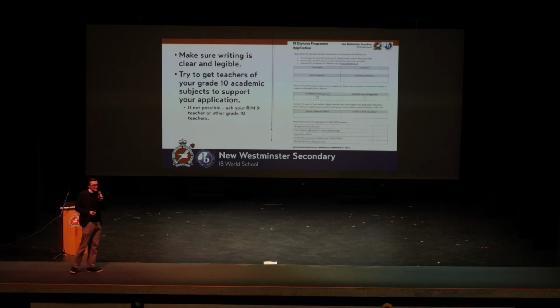In some cases, you might have one of those. In some cases, if your first semester this year is mostly electives, if you took RIM in grade 9, try to get your RIM 9 teacher to support your application. Failing that, grade 10 teachers are still better because they'll have more of a recent ability to communicate on what you're doing in your course.